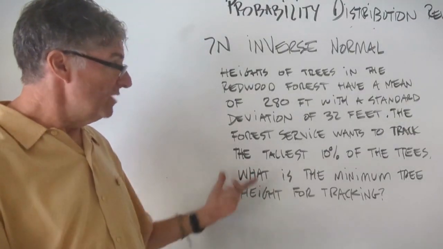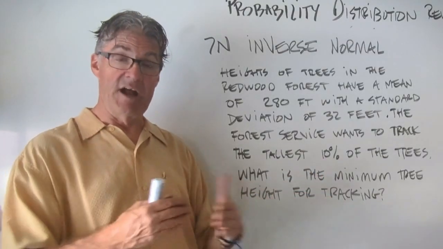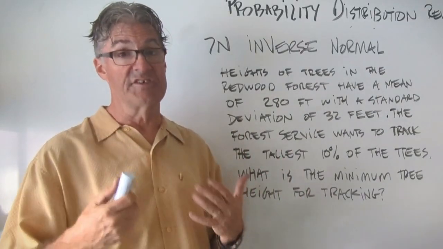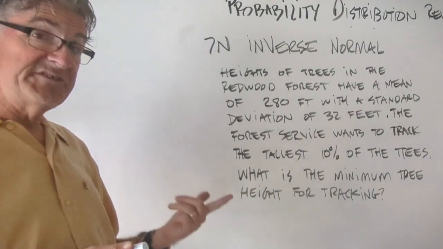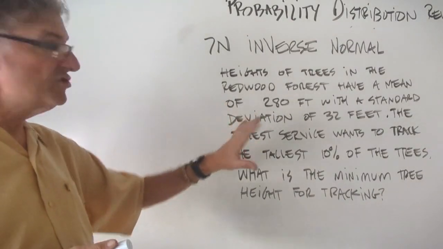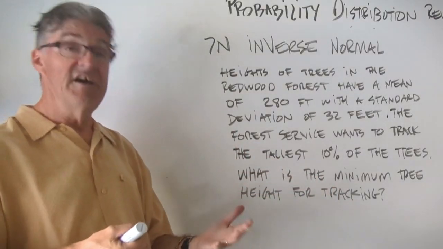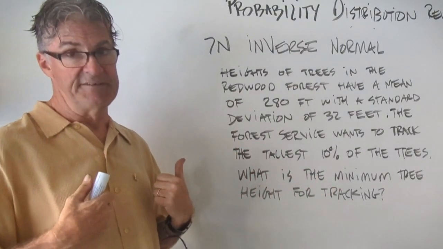So we have a probability, we're looking for a height above which is going to include the 10% tallest trees. So I would say pause the video and draw a normal distribution with this information and shade the area that you need and the number that you need to find.